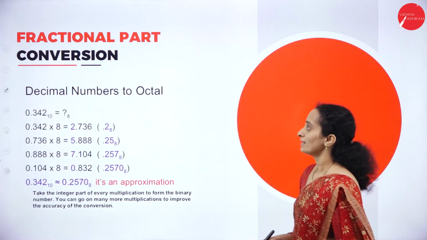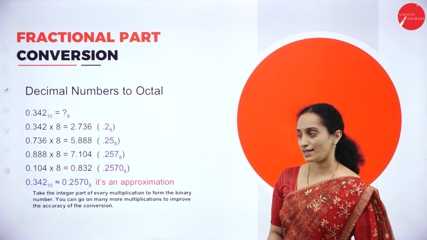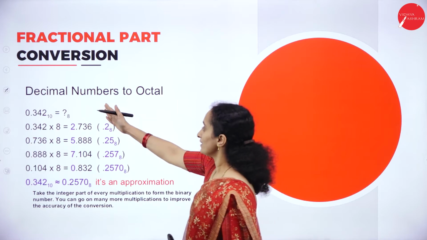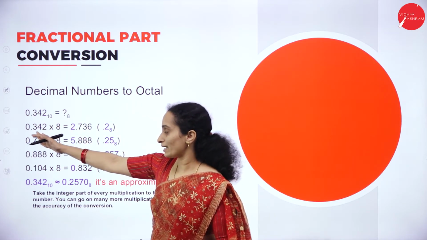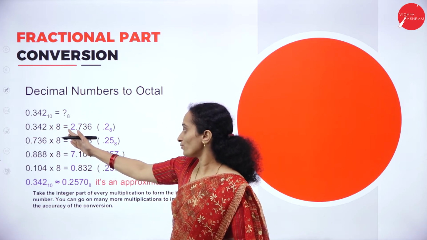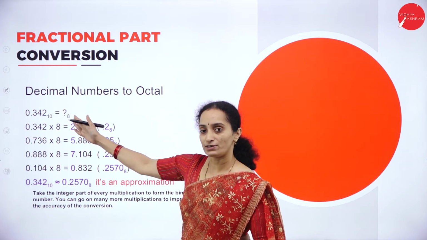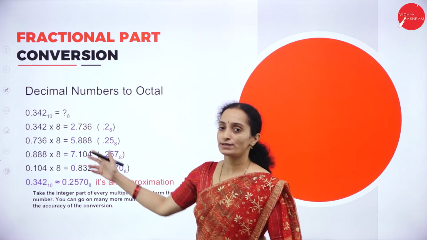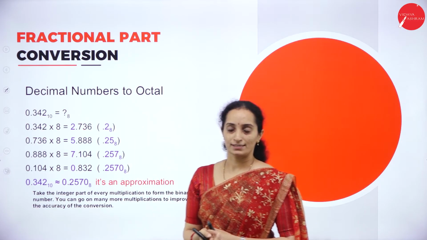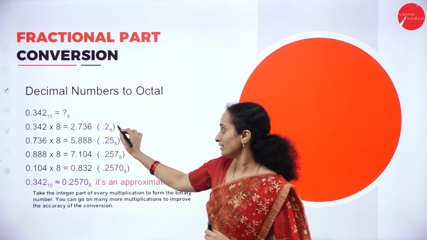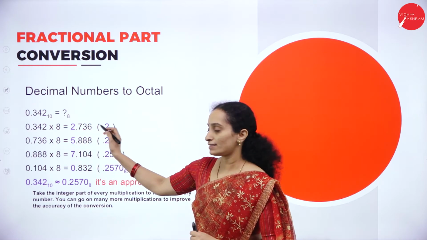Okay. Next comes the fractional part. Again, same way, decimal number to octal. We have a fractional part 0.342 into 8. When you multiply, you will get 2.736. 2 will be the first value to be added for the fractional part. Next is 0.736.